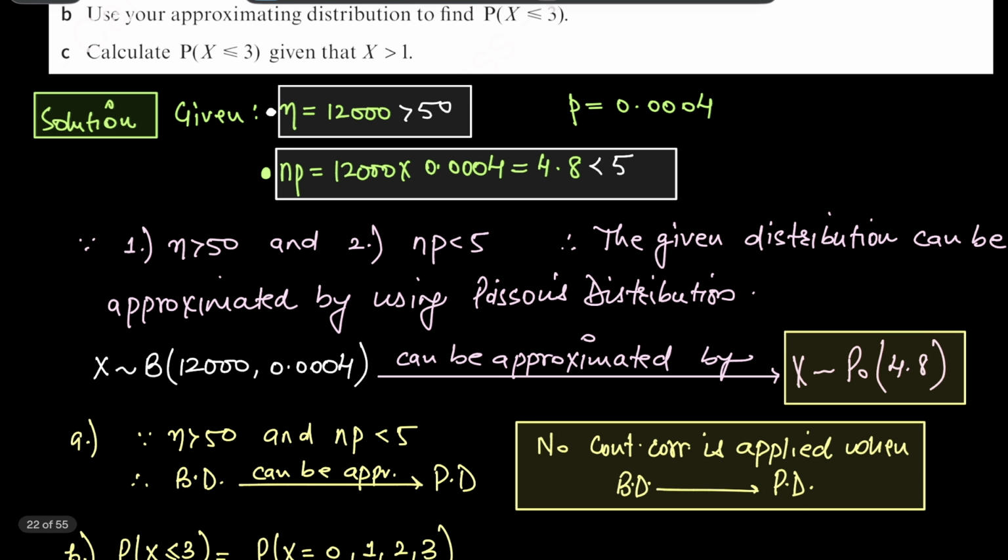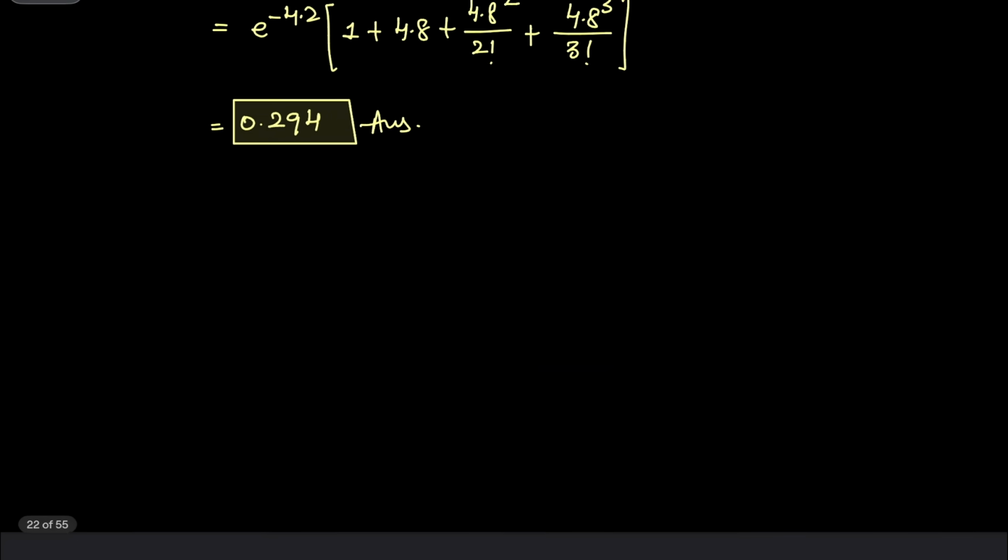Yes, so now we are moving on to the third part, which is a very important one because it is following the conditional probability concept. So in part C, they want you to calculate the probability of x less than or equal to 3 given that x is greater than 1. So this question is based on the concept of conditional probability. Let's start with the solution of it.